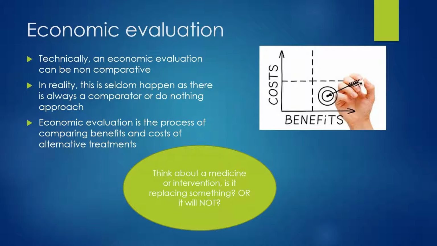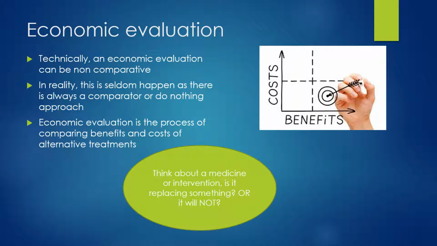In economic evaluation, you always have a comparator. It's usually the standard of care, but it can be a new treatment, a combination of treatments, or something which you would like to compare with the treatment that you are evaluating.